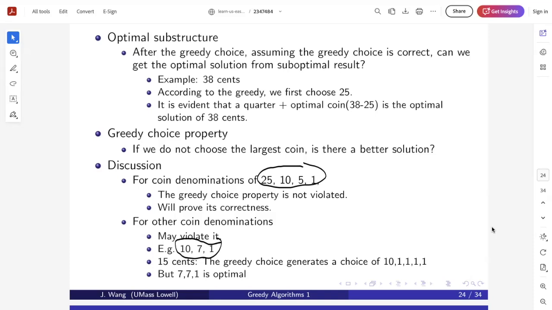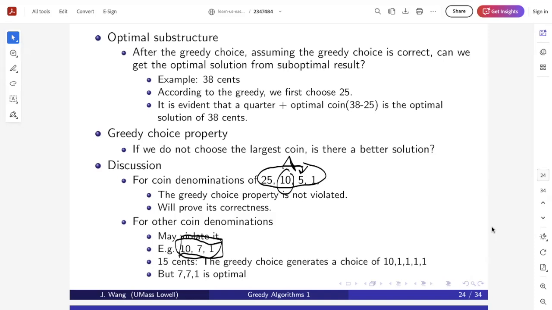In other words, for the greedy choice to work, the denominations must be multiples of one another. For instance, 10 is a multiple of 5, right? 25 can be a combination of 2 dimes and 1 nickel. In our other case here, 10 is not a multiple of 7, right? You have 10, 7, and 1.